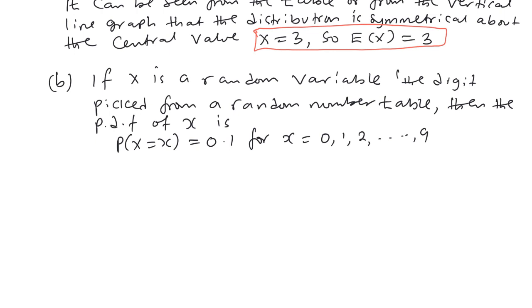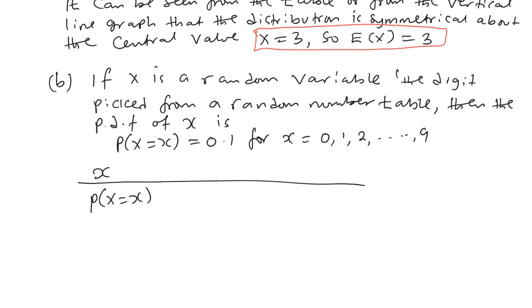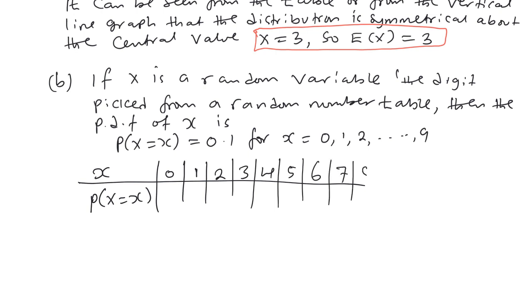And with this other type of distribution, why are we saying that this is a symmetrical distribution? So we have x and probability of x, and we have 0, 1, 2, 3, 4, 5, 6, 7, 8, up to 9.